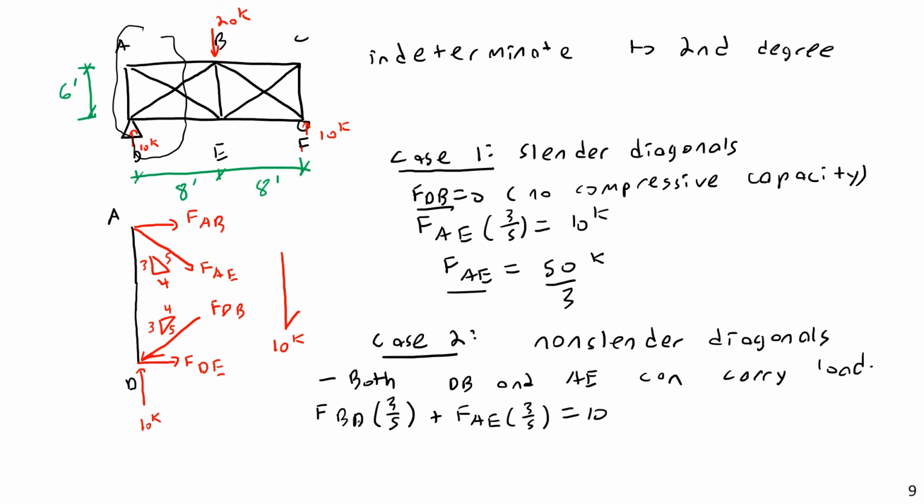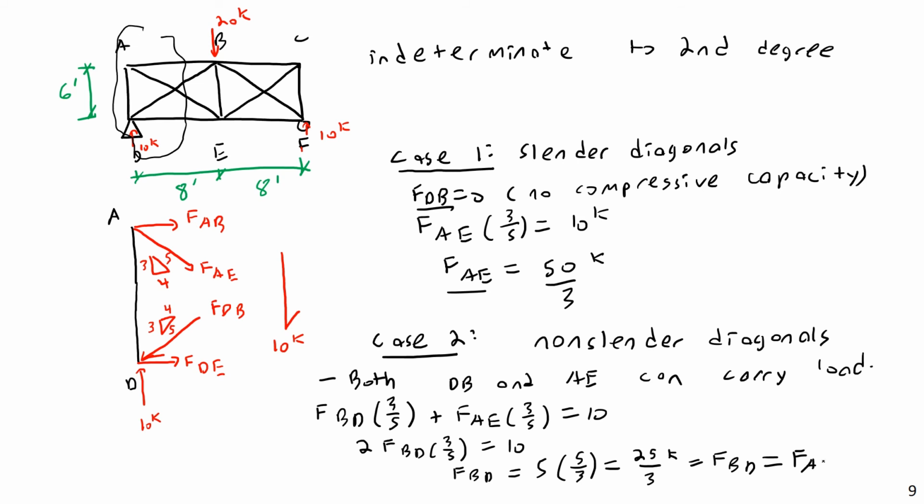However, I'm also assuming that they carry equal load, so I can really just say 2 FBD times 3/5 equals 10, or FBD equals 5 times 5 over 3, or simply 25 over 3 kips.